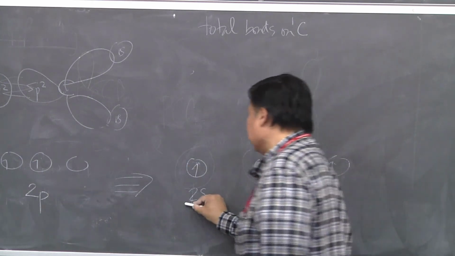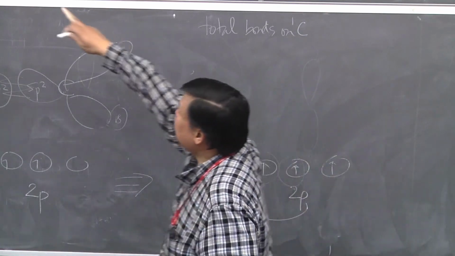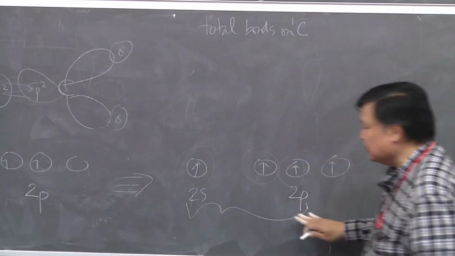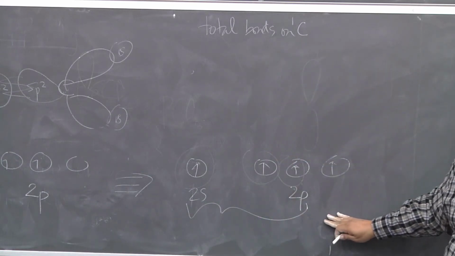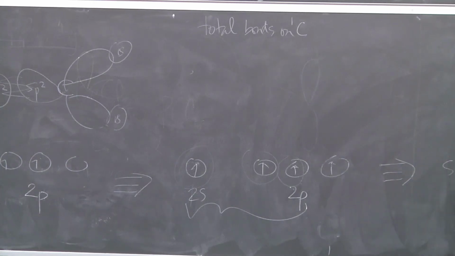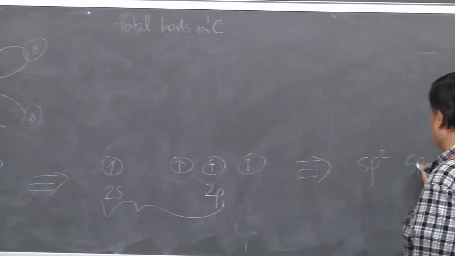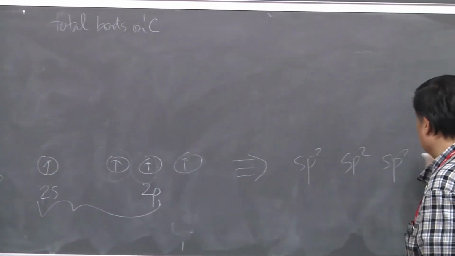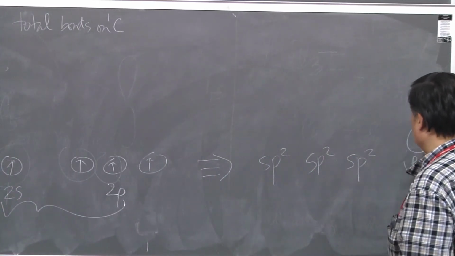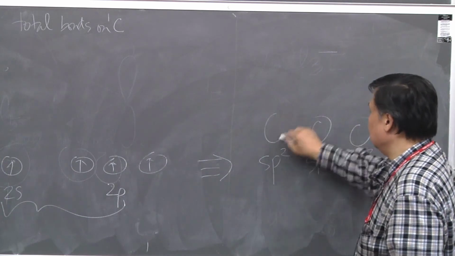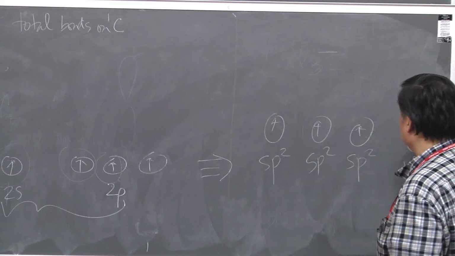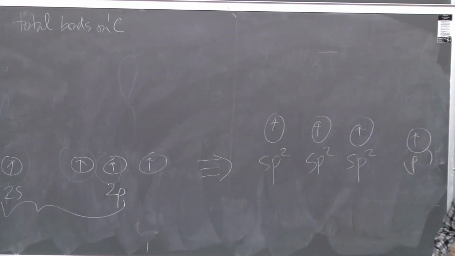So this will hybridize, sp2. So we have to hybridize those 3. Okay? And what will result from this? Each one of them will have 1 each.